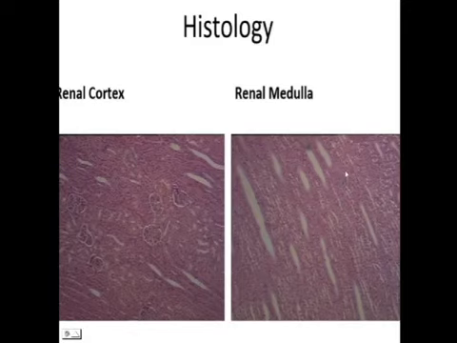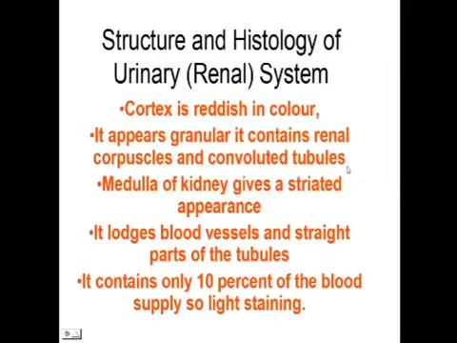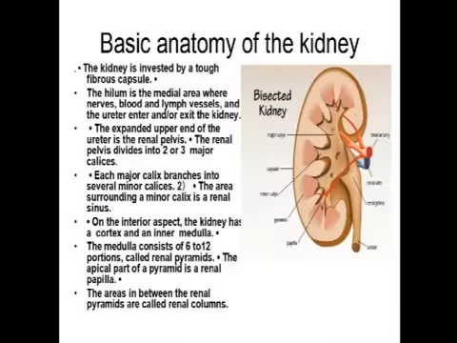The medullary substance of each kidney is arranged as 8 to 18 conical masses which are known as the renal pyramids.